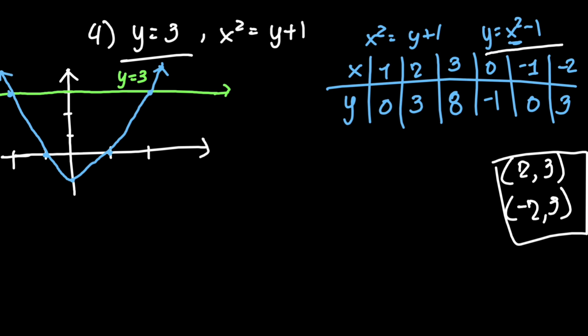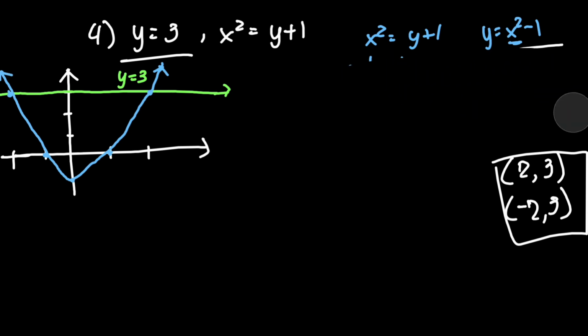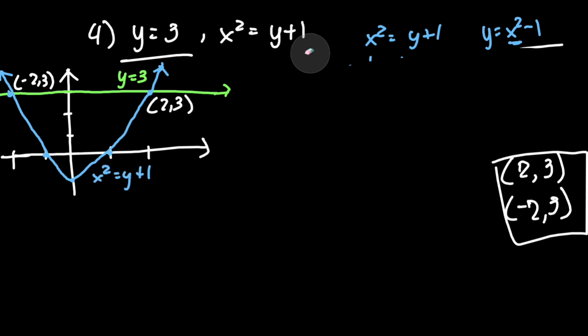So it would be something like that. So the points of intersection, it would be positive 2, 3. And this would be negative 2, 3. This curve right here represents x squared equal y plus 1. Or we can put this as y equals x squared minus 1.